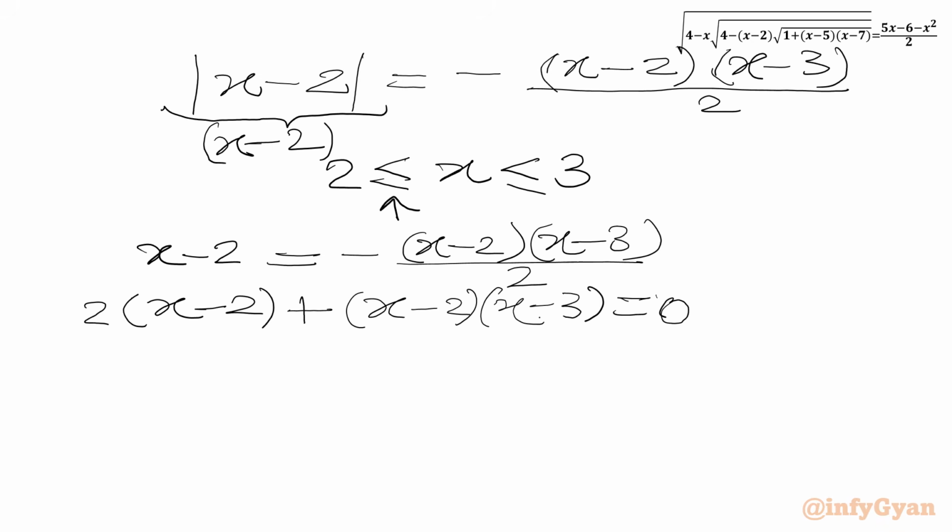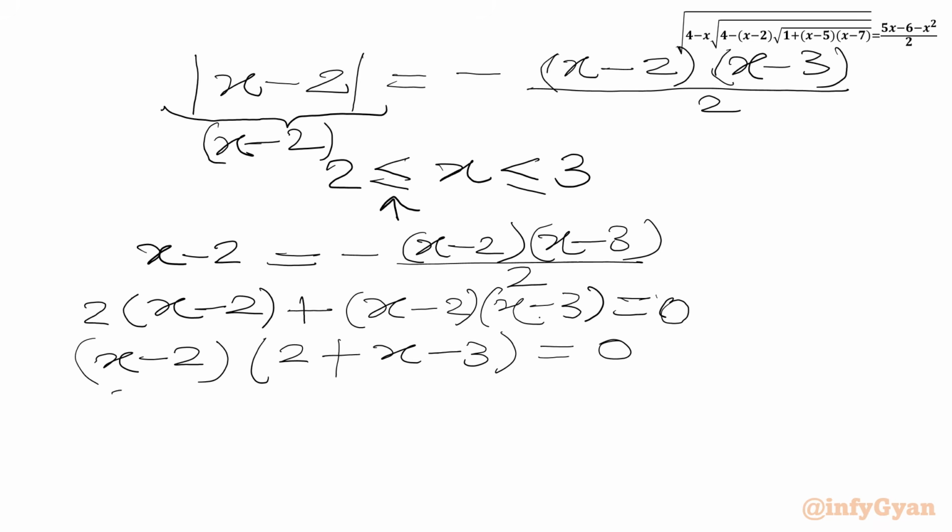Now we can take x minus 2 overall common. So we will write here x minus 2 is common, in other bracket 2 plus x minus 3 equal to 0, or x minus 2 times x minus 1 equal to 0.